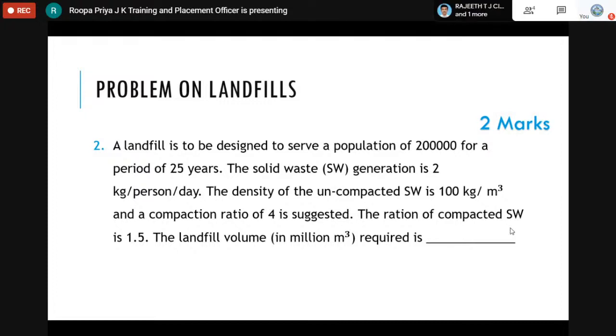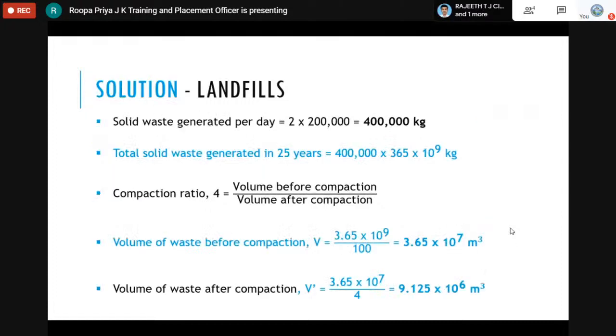The density of the uncompacted solid waste is 100 kg per meter cube, and a compaction ratio of 4 is to be suggested. The ratio of the compacted solid waste is 1.5. The landfill volume in million meter cube required is dash. So this is one of the problems asked in one of the question papers, and it carries 2 marks. So let's see how we have to solve this question.